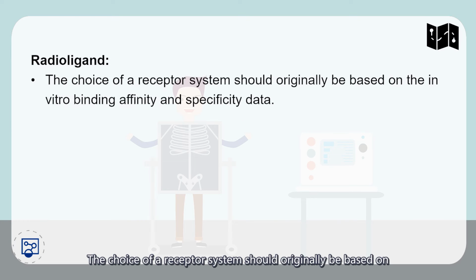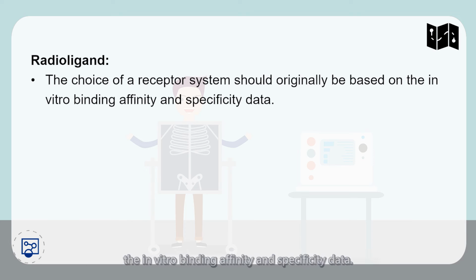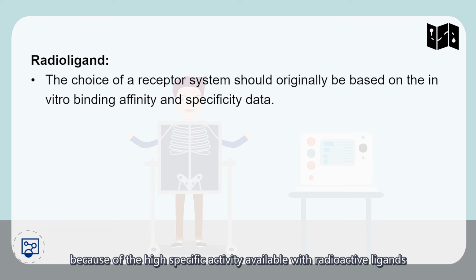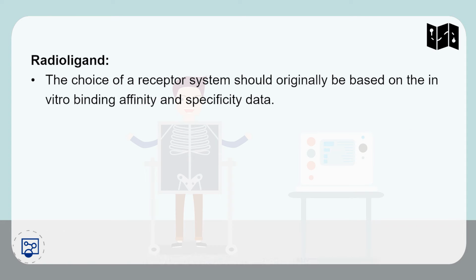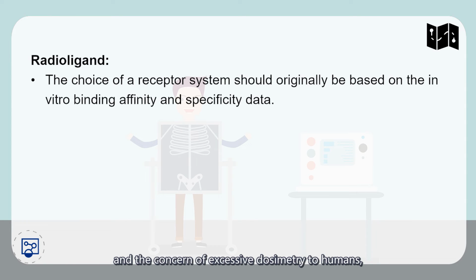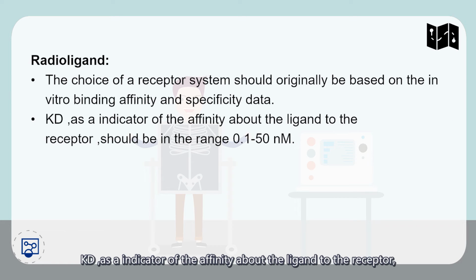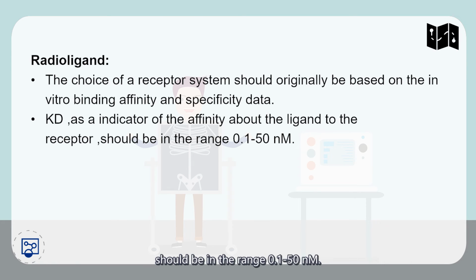Radioligand. The choice of receptor system should originally be based on in vitro binding affinity and specificity data. In general, because of the high specific activity available with the radioactive ligand and the concern of excessive dosimetry to humans, KD, as an indicator of the affinity of the ligand to the receptor, should be in the range of 0.1 to 50 nanomolar.